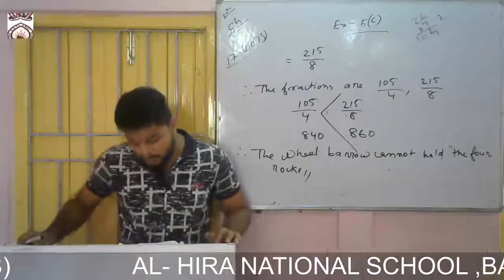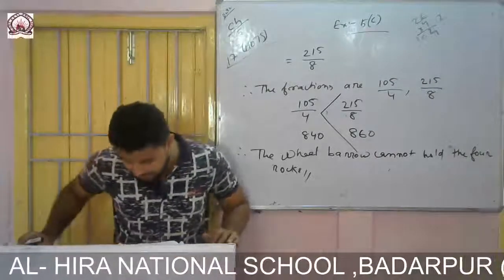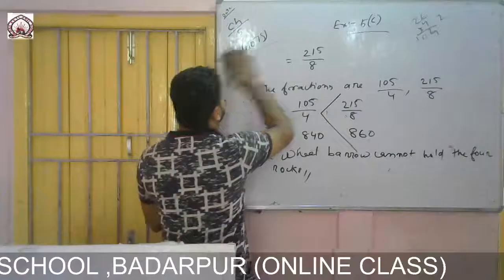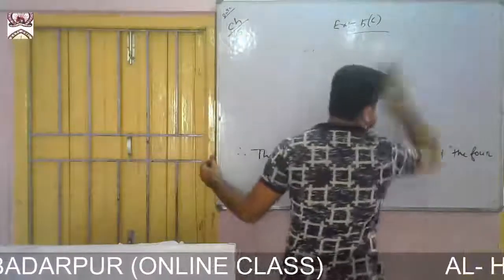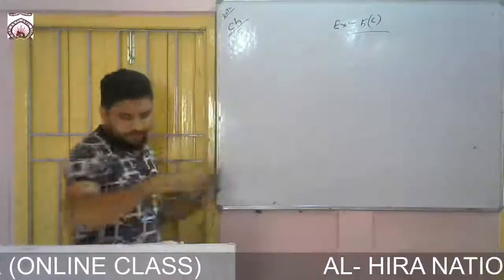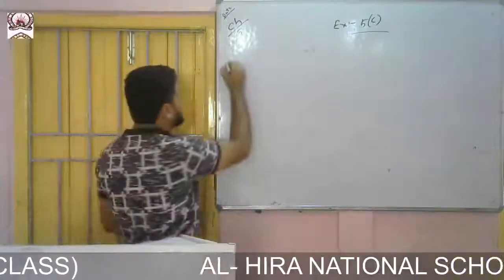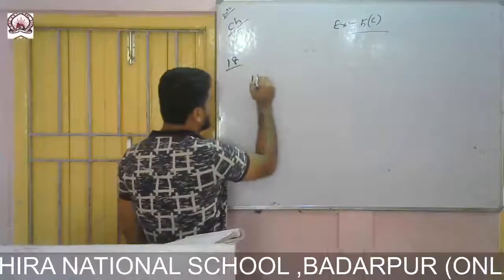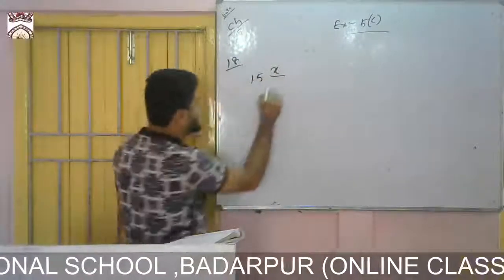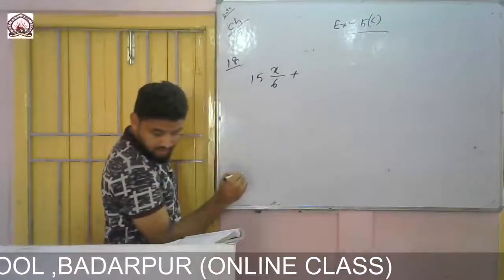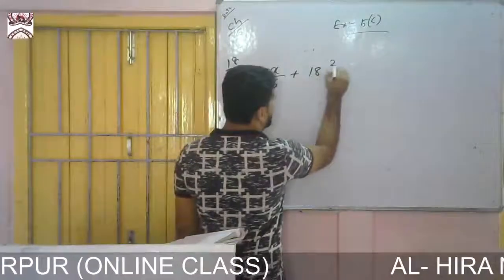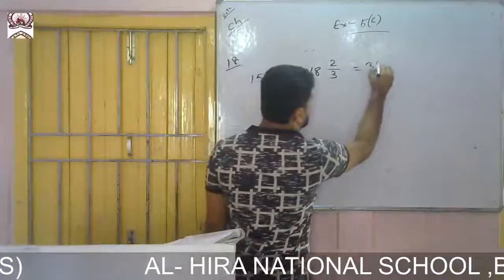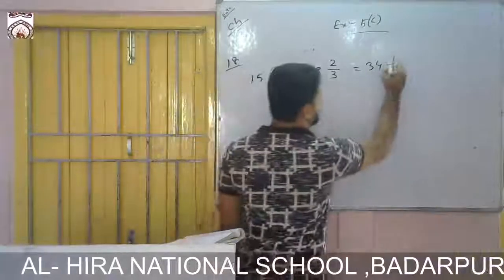Okay, from the fractions: 15x by 6 plus 18 2 by 3 equals 34 1 by 2. So see how to solve. So 15x by 6, plus 18 2 by 3, equals 34 1 by 2.